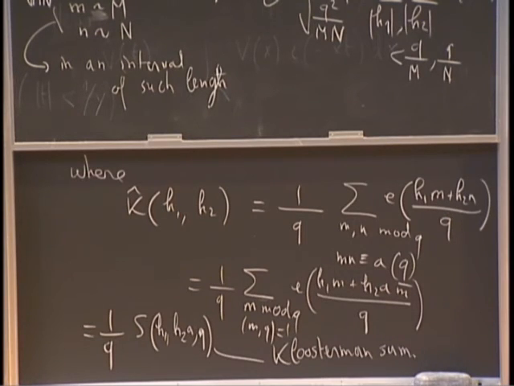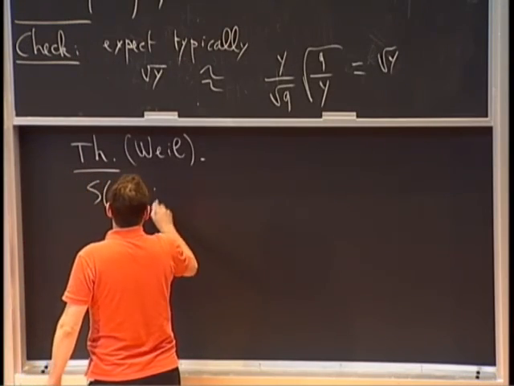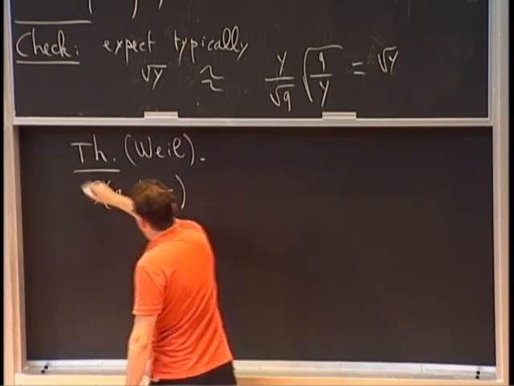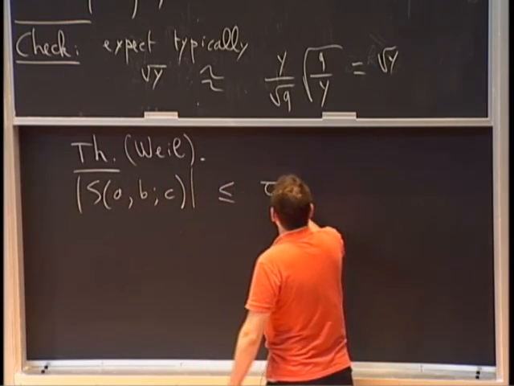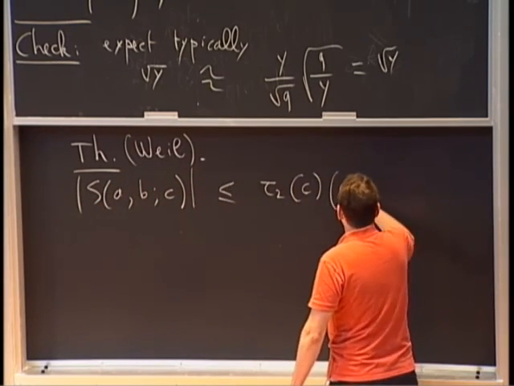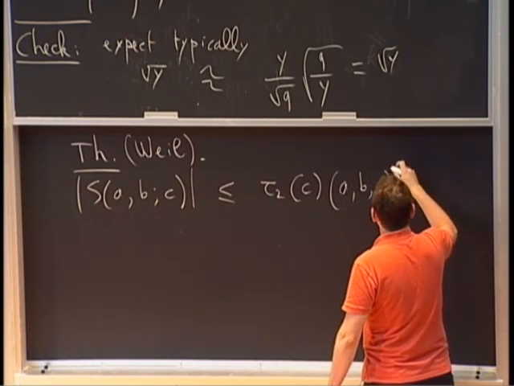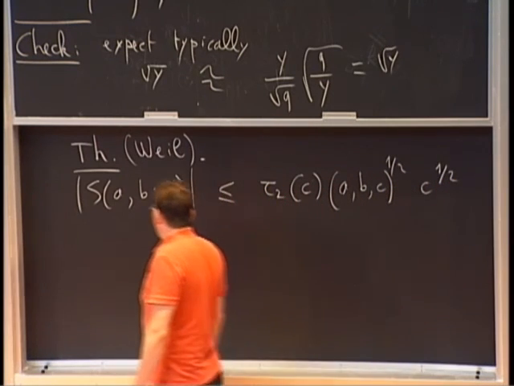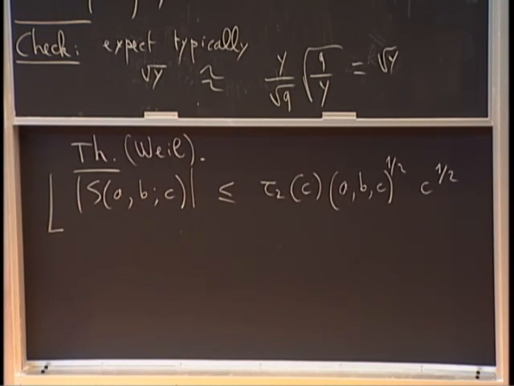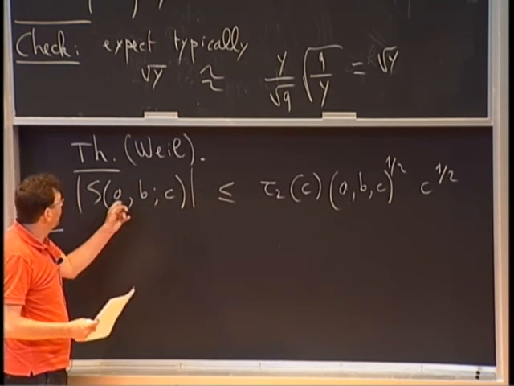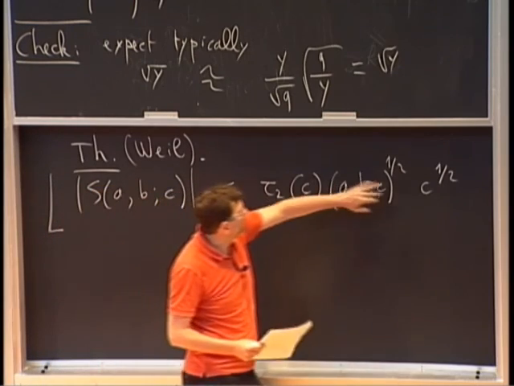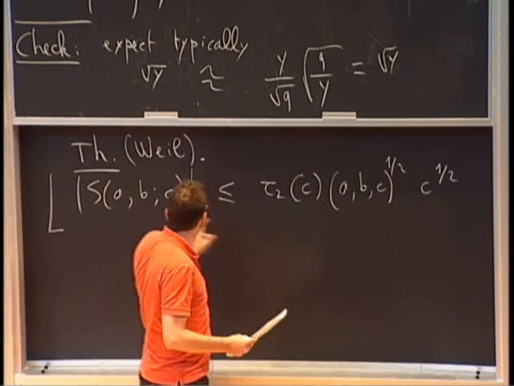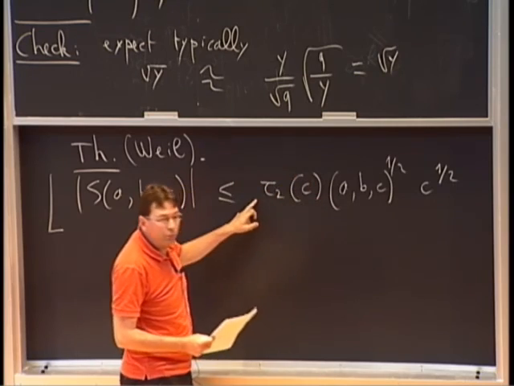It's a deep theorem of André Weil, that S(A, B, C), for any integers A, B, and C, in modulus is at most the number of divisors of the greatest common divisor of all three of A, B, and C, times C to the 1/2, for every integers A, B, and C. So what this means is that if there's no common factor, then this is square root cancellation, because the sum has about C terms, up to this very small quantity.